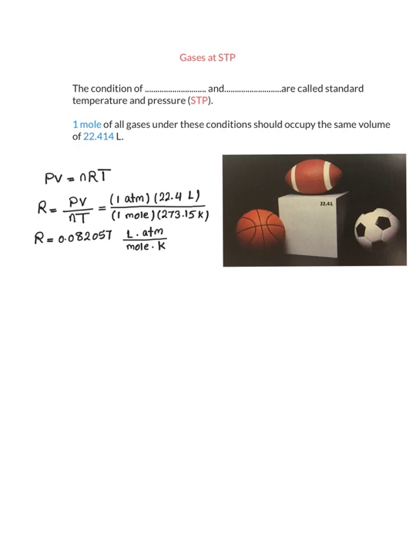Now, what is STP condition? The condition of 1 atmosphere pressure and temperature equal to 0 degrees C or 273.15 Kelvin is called STP condition.